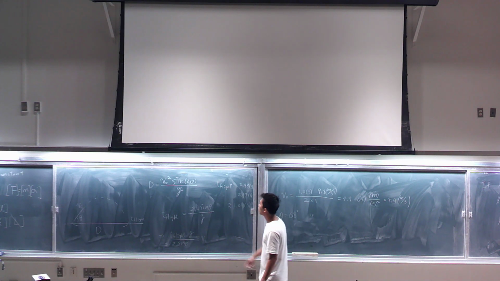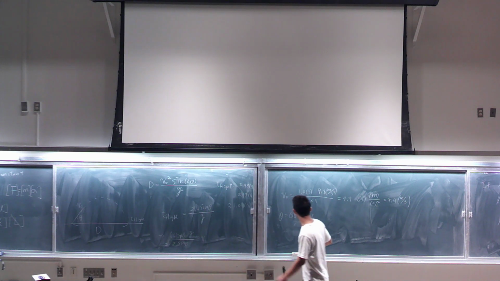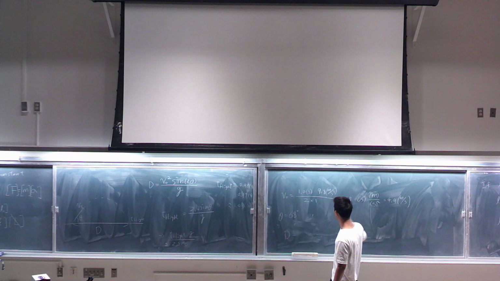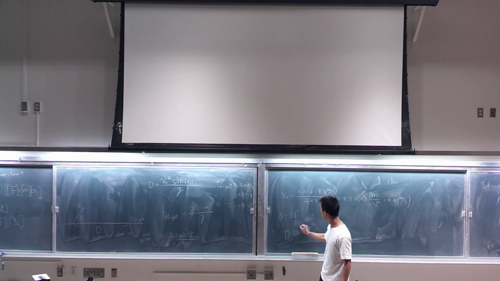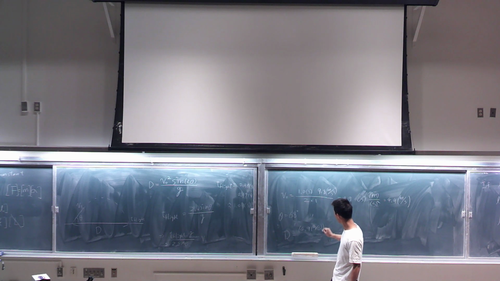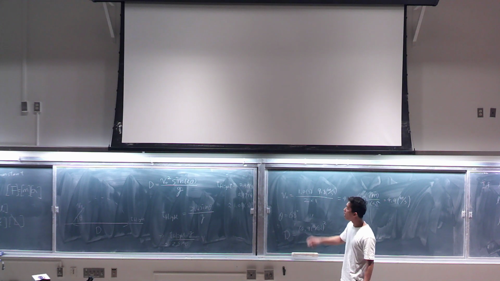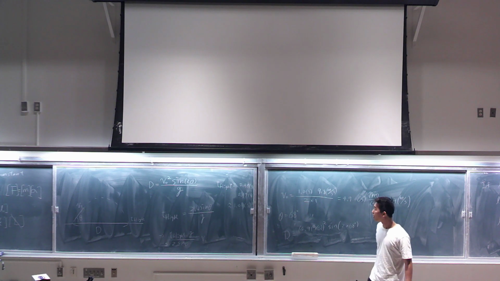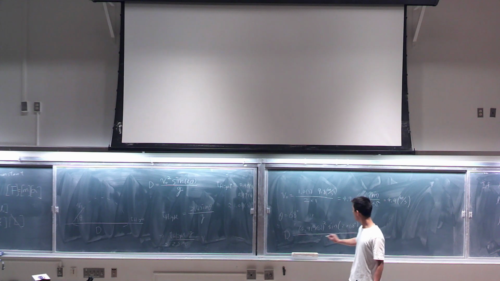Now, according to this, the distance of the flight will be v naught squared, which is 4.9 meters per second, squared, times sine 2 theta, which is 2 times 68 degrees, divided by g, which is 9.8 meters per second squared.